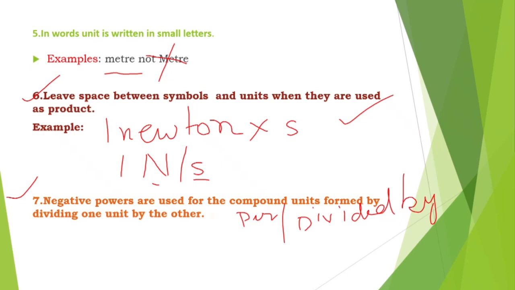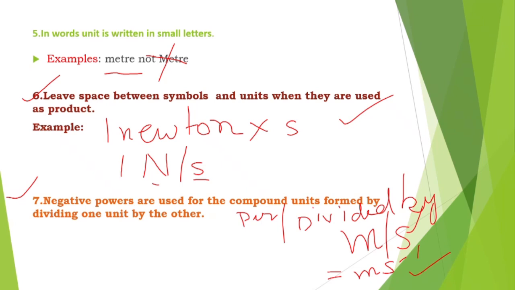In words, meter upon second. We can write it as m/s, and we can also write it as m s to the power minus 1, using the negative power. Like this also we can write and like this we can write, but this is the correct way when we are using negative powers.